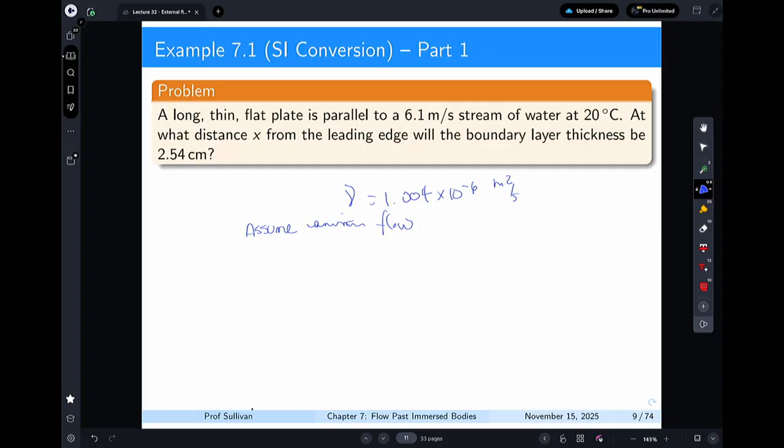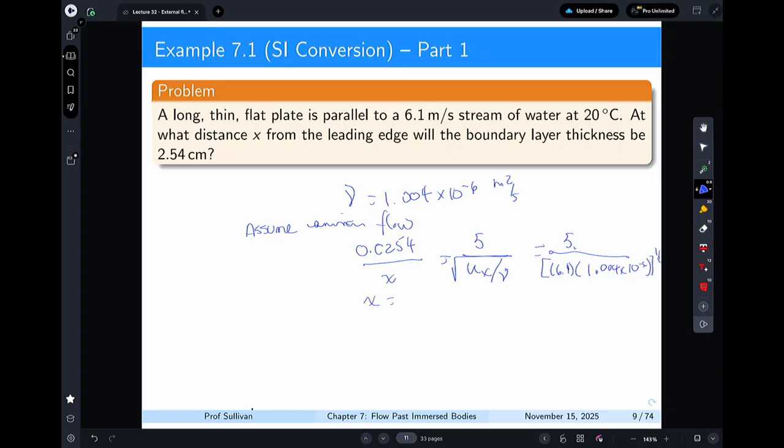So if we do that, 0.0254 over x is equal to 5 over the square root of Ux over nu. We get 5 over 6.1 meters per second, over 1.004 times 10 to the minus 6, all to the 1/2.